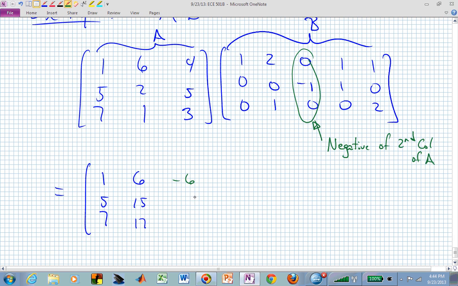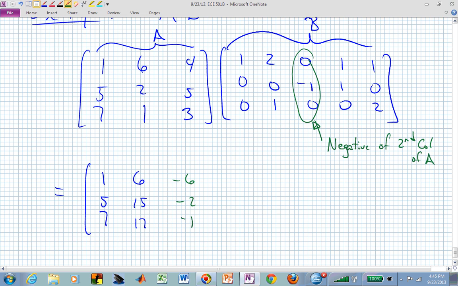We now have minus 6, minus 2, minus 1. And we don't have to worry about looking at, oh boy, what do I have, 0 times 1 plus, doing this row column product to do the multiplication.